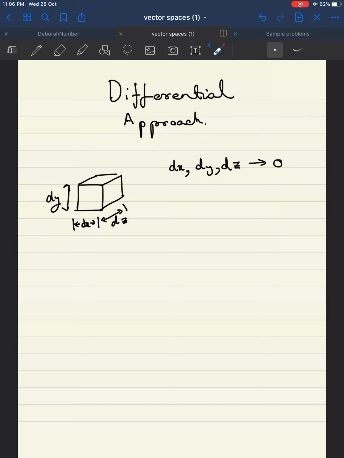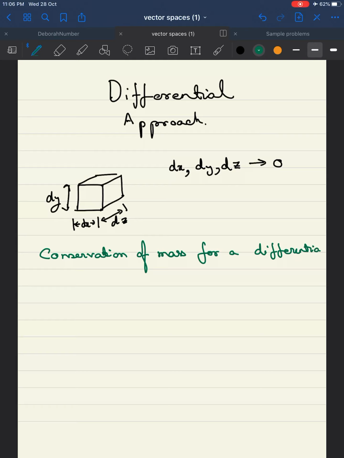So let us do the problem of conservation of mass for a differential control volume.